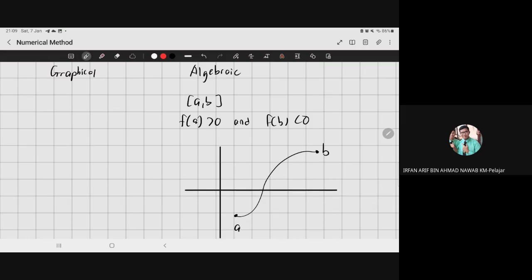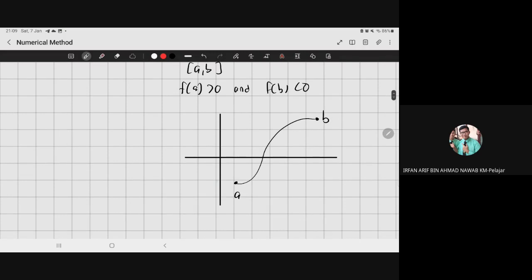As you can see, for f(a), the value is negative, while f(b) over here, the value is positive. So this indicates that there is a root, or rather exactly one root for this continuous function. So there exists at least one root, but still there is one root between a and b.